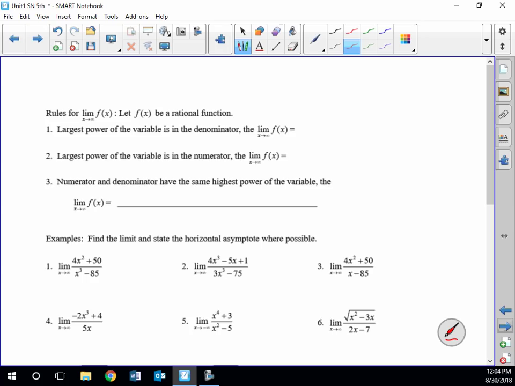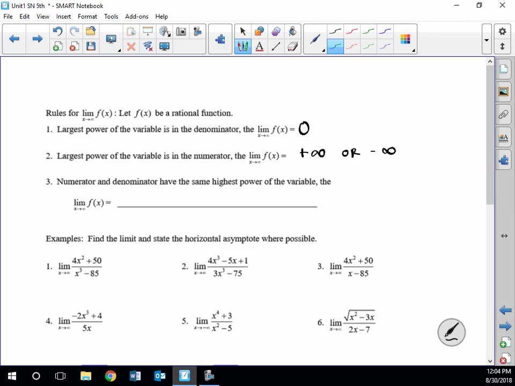So that's what this box is here that I should fill out. If the largest power is in the denominator, it goes to 0. If the largest power is in the numerator, that's going to go to plus infinity or minus infinity.